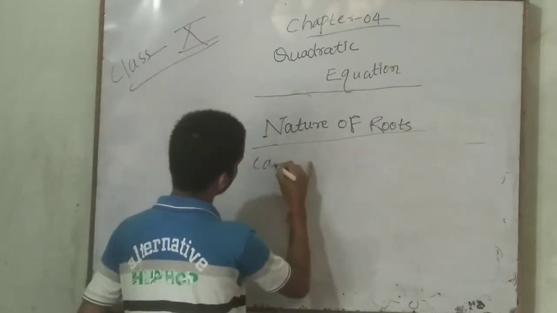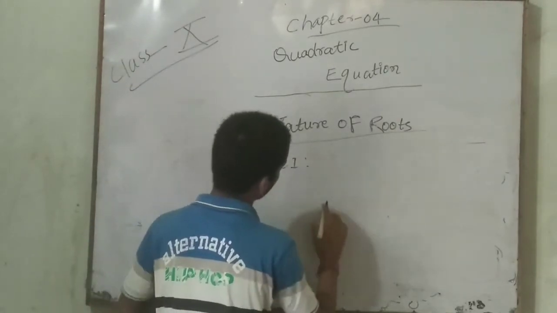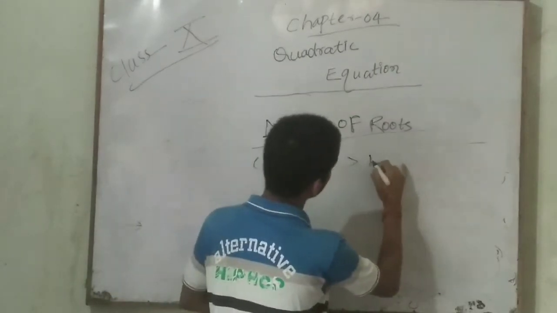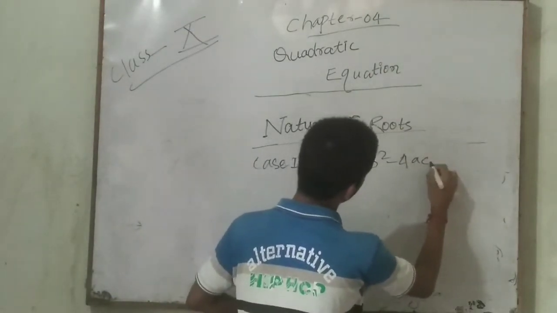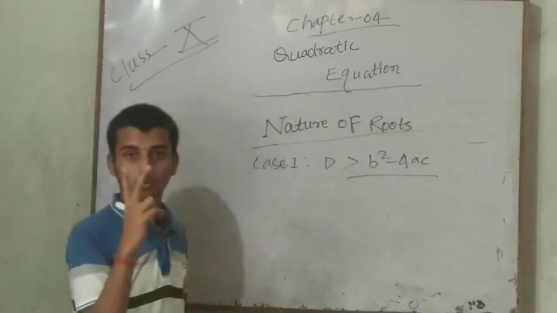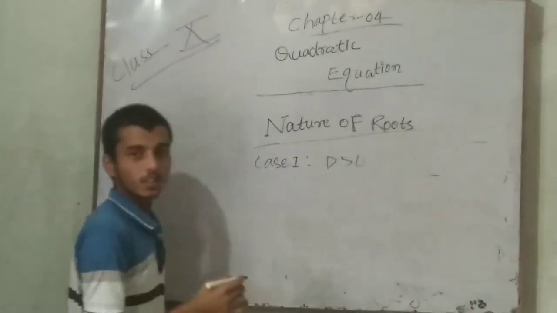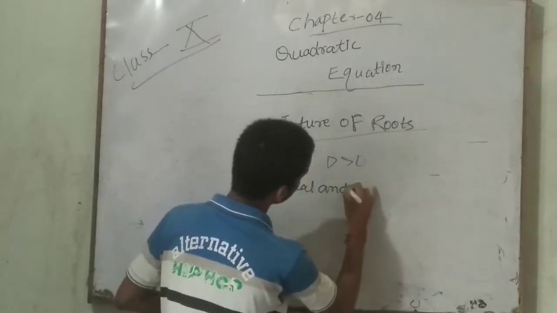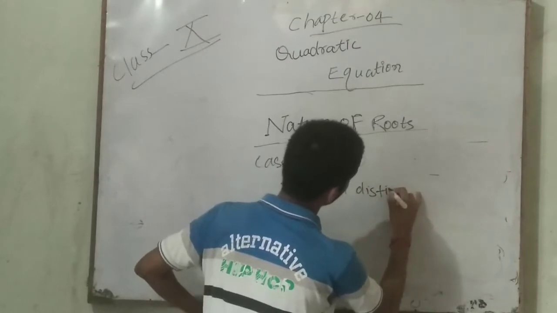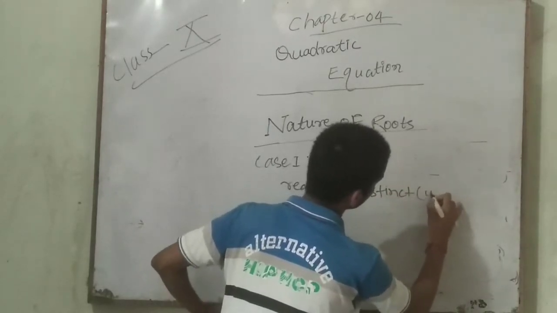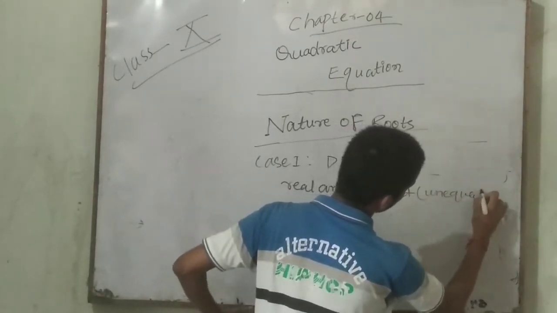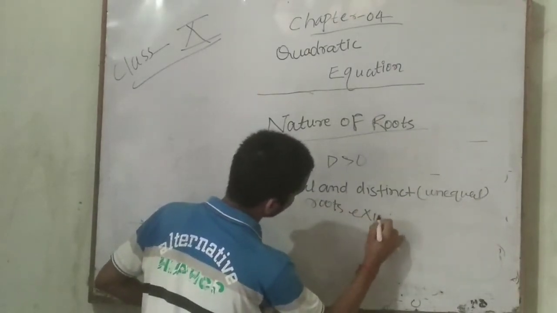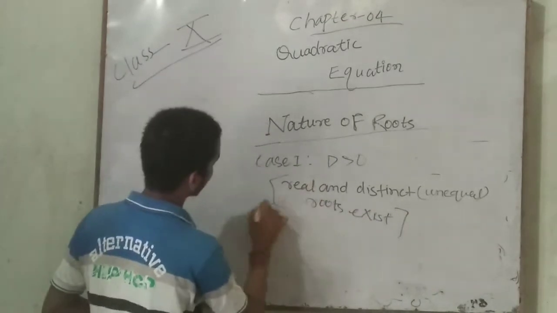Case 1: if this discriminant D is greater than 0, then real and distinct, meaning unequal, roots exist for the equation.